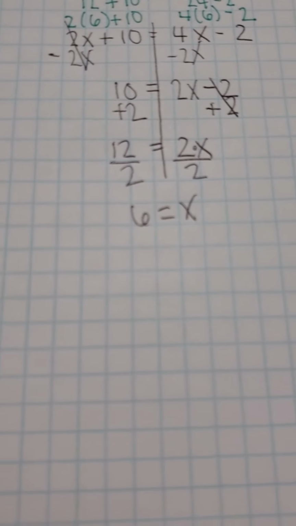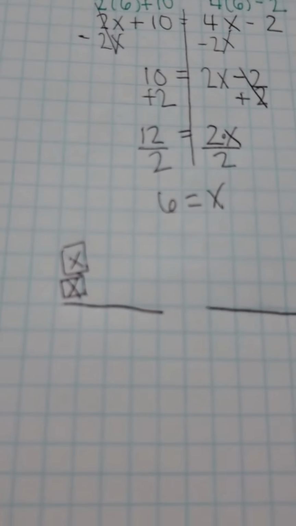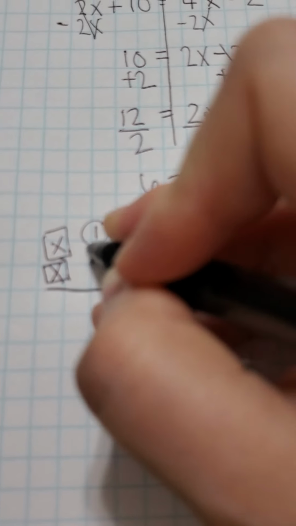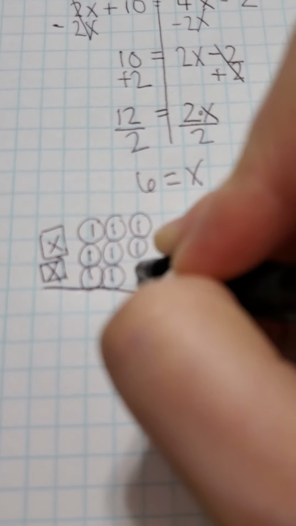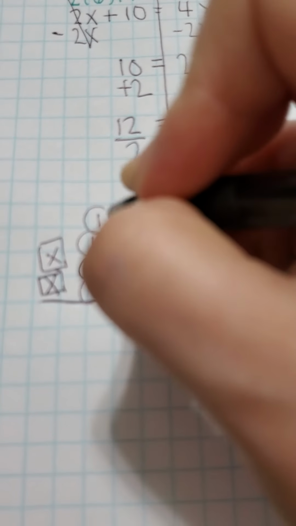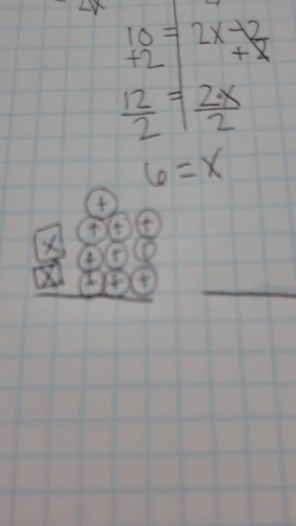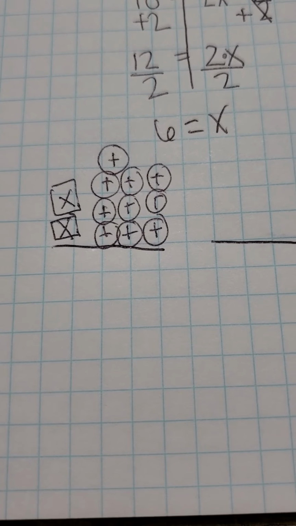In the Khan Academy video, they used an actual scale model to show you what was happening. So my original equation of 2x plus 10, so there's my 2x plus 10.